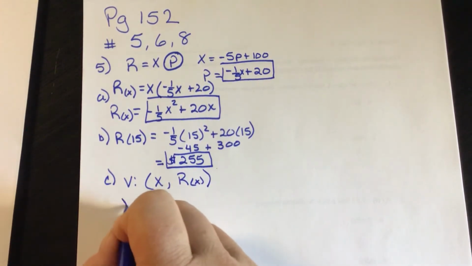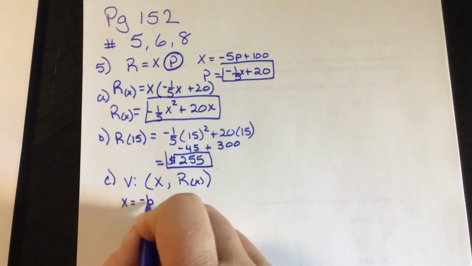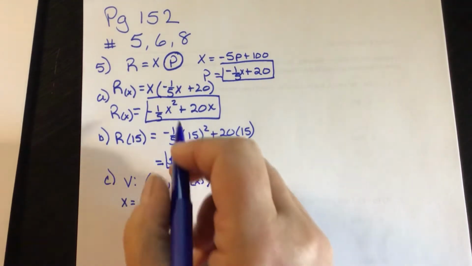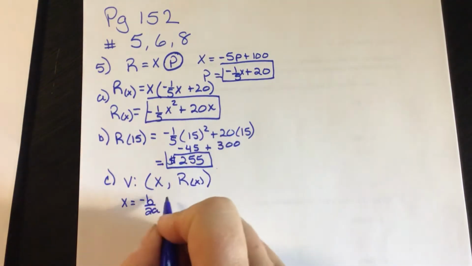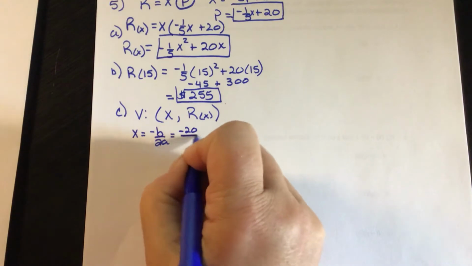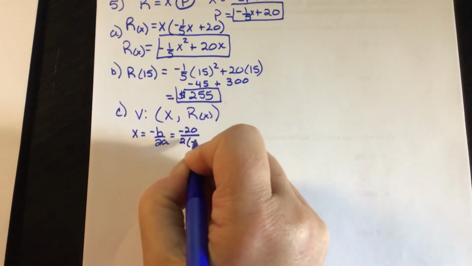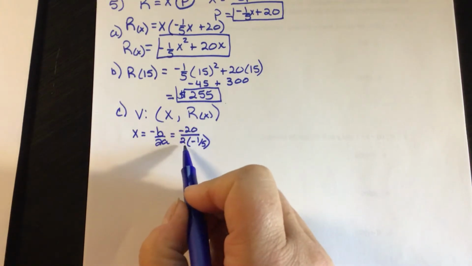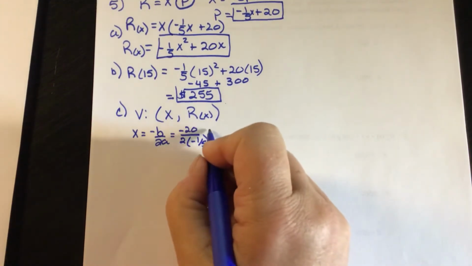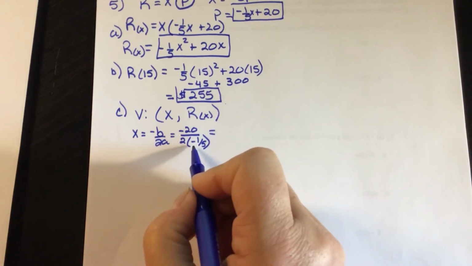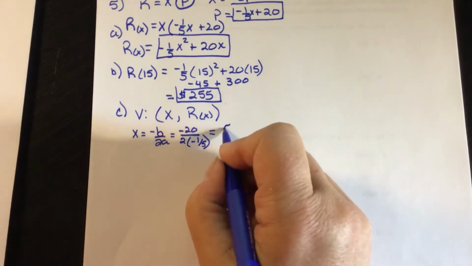So to find x, we're going to do minus b over 2a, and the b value is 20, so I have negative 20 over 2 times negative 1/5. So this is negative 20 divided by negative 2/5. That's the same thing as negative 20 divided by negative 0.4, and that would be 50.